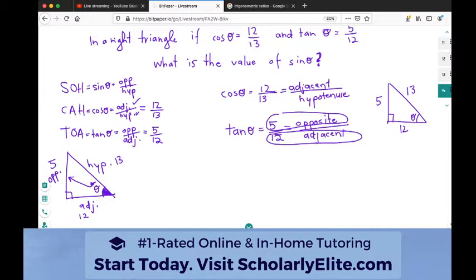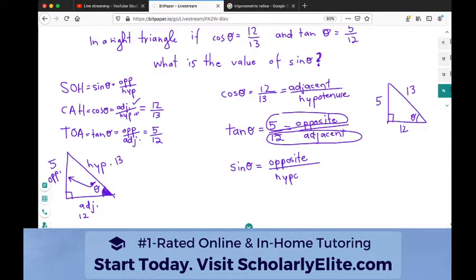And now what they're asking for is, what is the value of sine of theta? That is really simple because we know all of these other parts of this question. And we know that sine of theta is equal to the opposite over the adjacent. Oh, my bad. Sorry, guys. I was reading the wrong thing. Over the hypotenuse is what I'm trying to say.